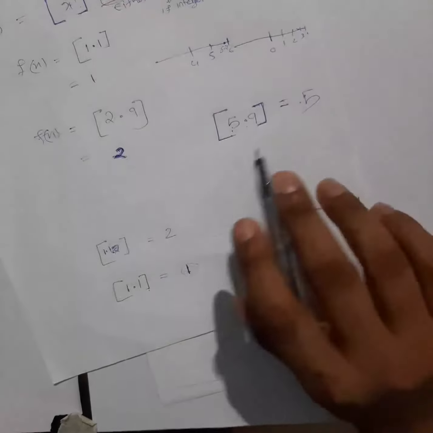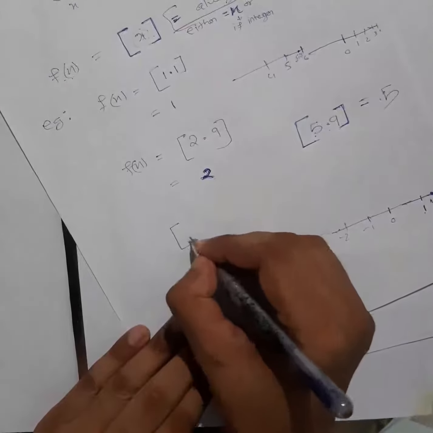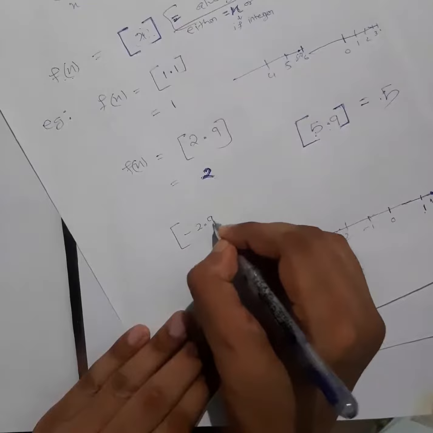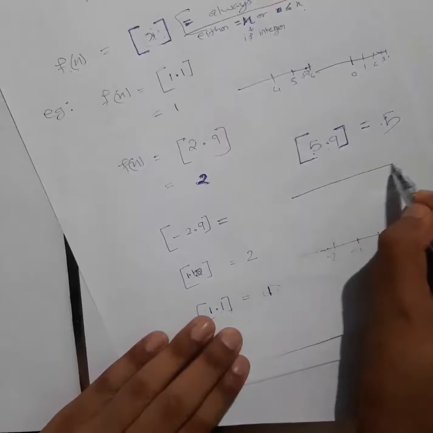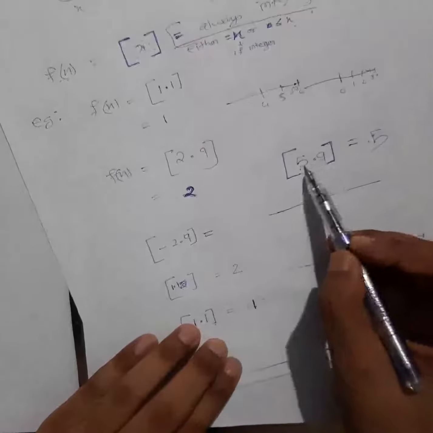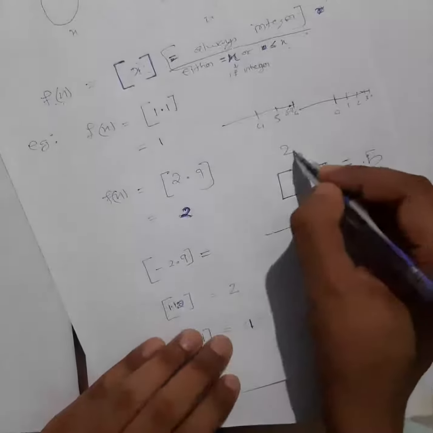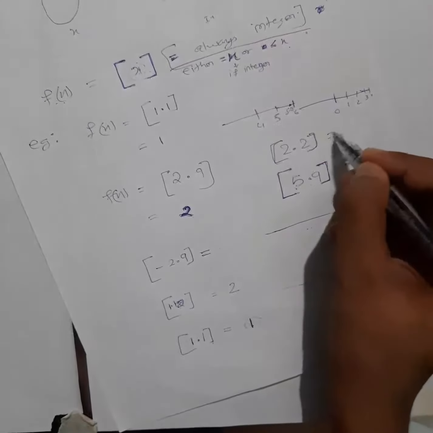Now these are not a problem. When it is a negative number, then students get confused. So see here, a negative number, how to deal with it. If I give you minus 2.9, then what will be the output? The number line will help you. That's why I said to use the number line to find the output. These things you can easily write down. What is the output of 2.1? If I say so, you will easily say 2.